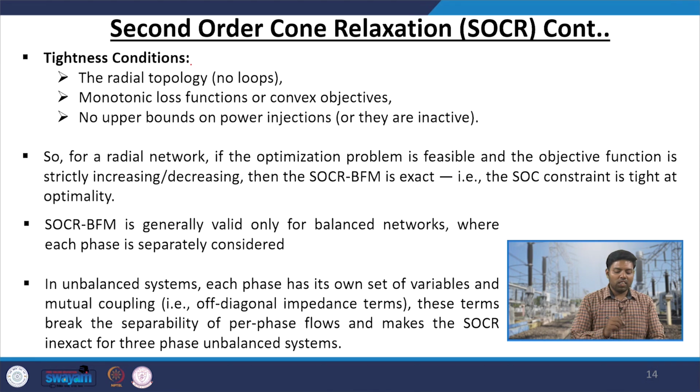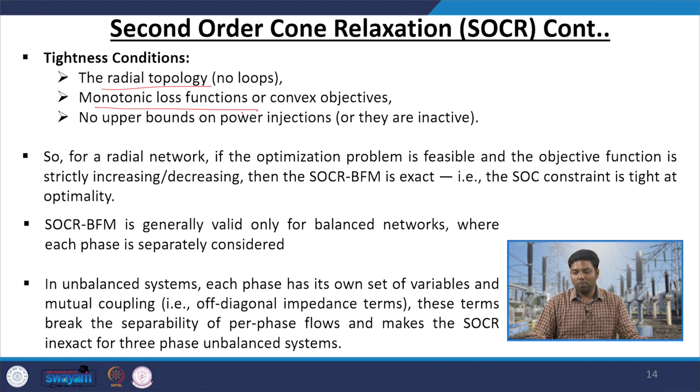So how can you assure the tightness for this relaxation as well? First and foremost, obviously there should be a radial topology. There should not be any loops in the network. Second, the objective function or the problem where you have considered this model, that should have an objective which will be monotonically decreasing or increasing.